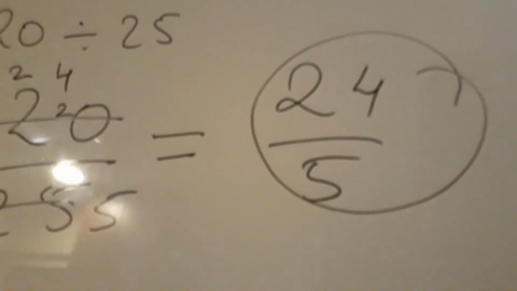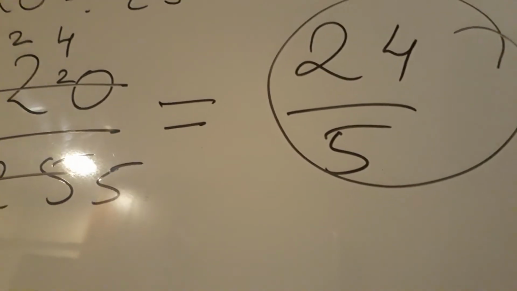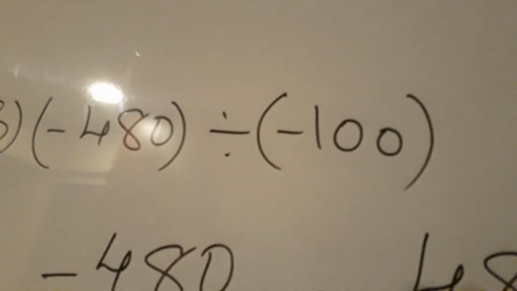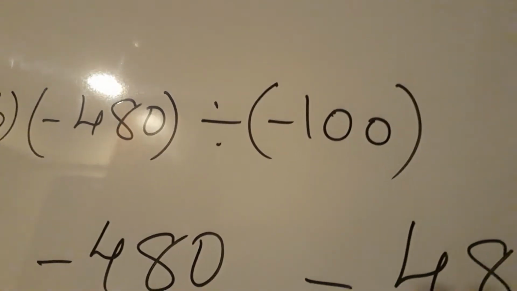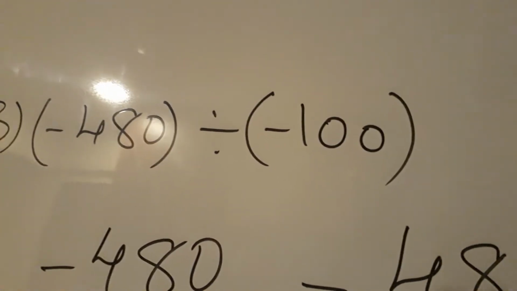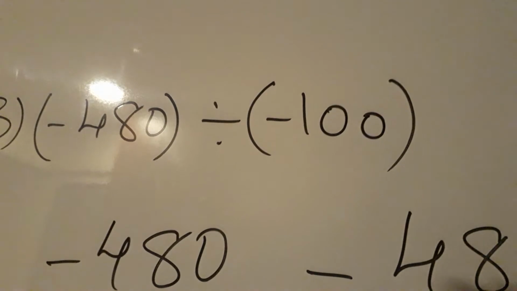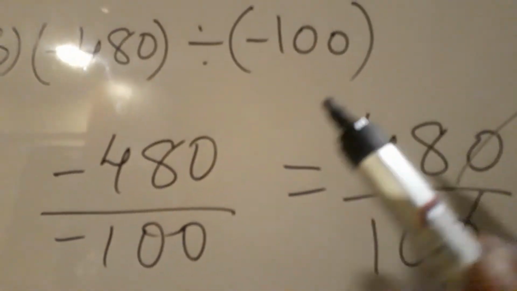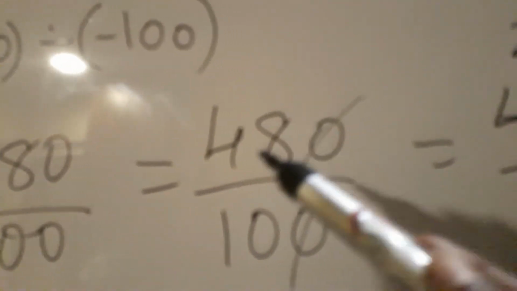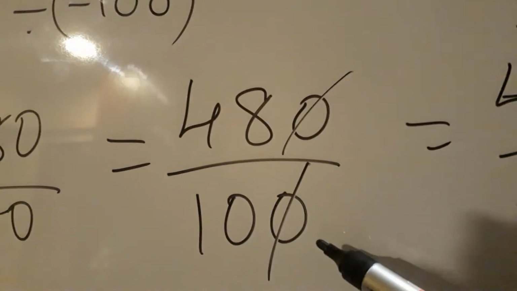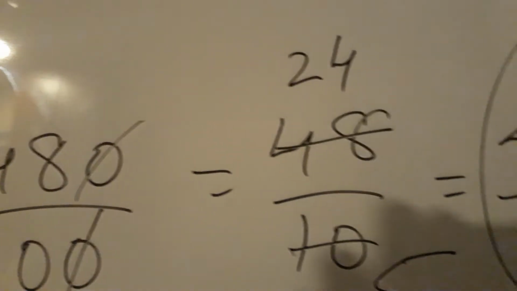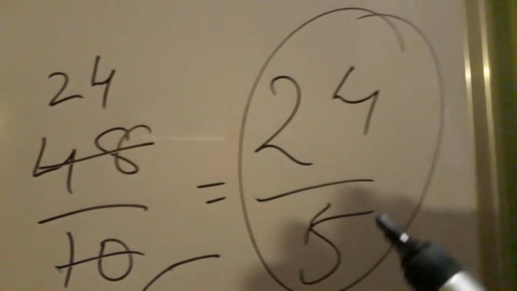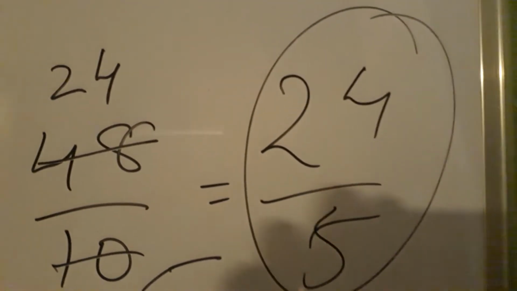So naturally it will give us 24 upon 5. Again here both negative. I cannot take one positive, one negative, because it will give me the answer in negative. And we don't want negative. We want 24 upon 5. So minus 480 upon minus 100, the minus minus signs cancel. 480 upon 100, the zeros cancel. 48 upon 10, use the table of 2, and we get 24 upon 5.